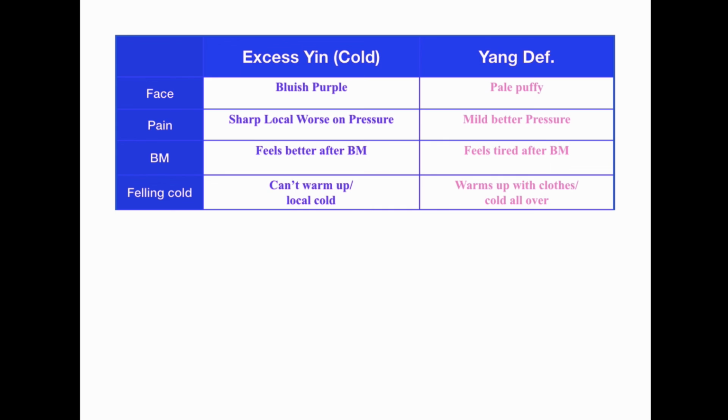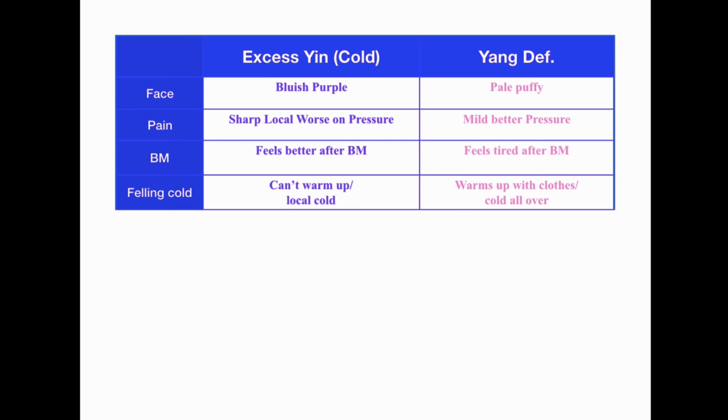If it's a chronic condition like local cold, let's say sciatica on the glutes, and the area is really cold to the touch, the person feels like they can't warm up, okay? Now, if it's a yang deficiency, the person is always kind of cold all over the body. It's not just local, okay?